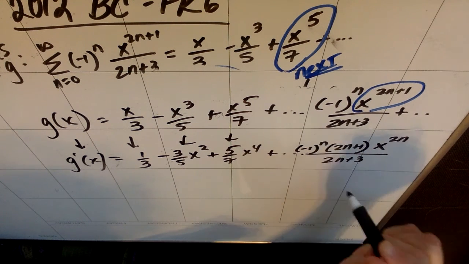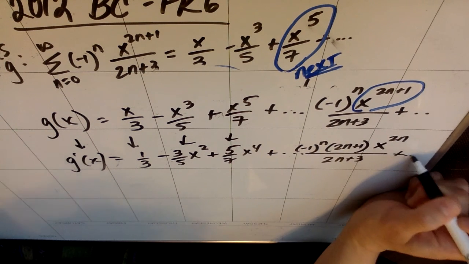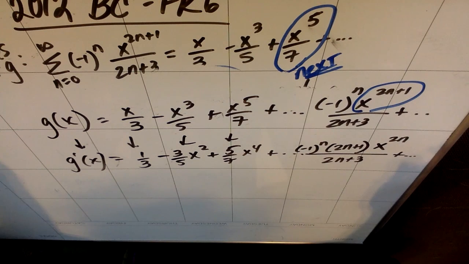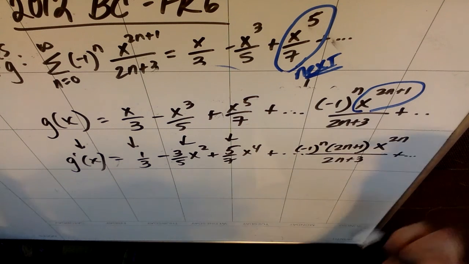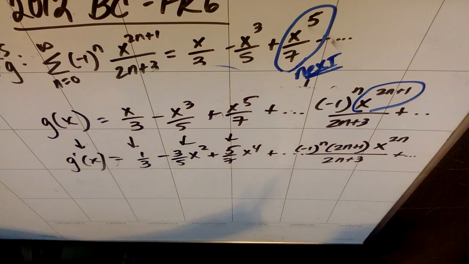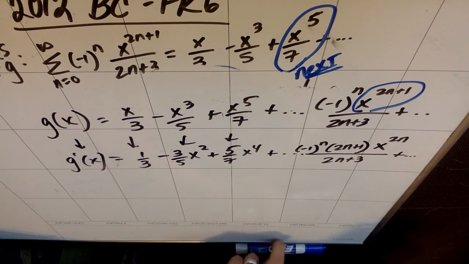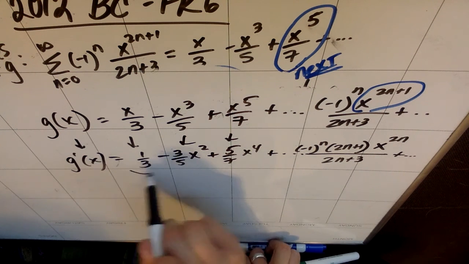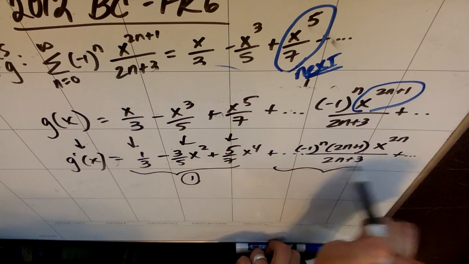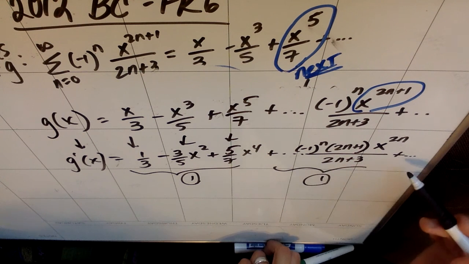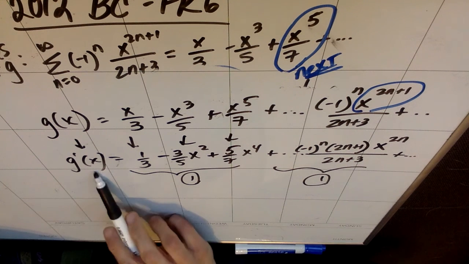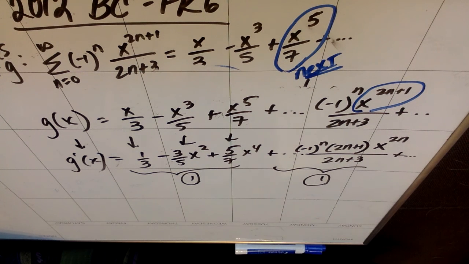Again, the negative 1 and the 2n plus 3 are not variables, they are constants, they are coefficients, so they sit in front, and I just drop this power down. And that's my answer. It was worth 1 point for the first 3 terms and 1 point for the general term. Notice that I put an ellipsis at the end because if this is actually equal to this series, it has to be an infinite series.